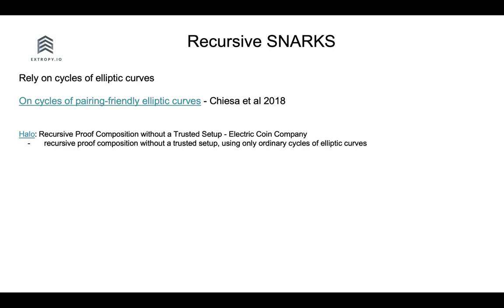And so that proof is a proof of block number 1 and block 0. So now you have just one proof that represents the whole blockchain. And then when you want to prove block 2, you do the same thing again. You create a proof that block 1 was correct and also that block 2 is correct. And then that proof stands for the whole chain.